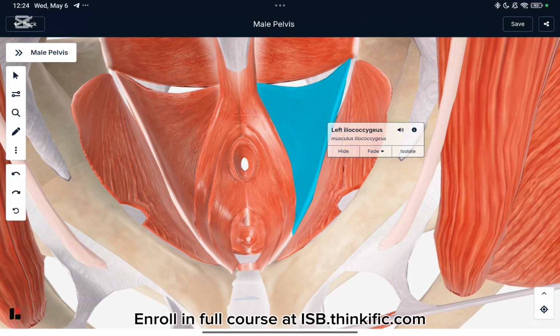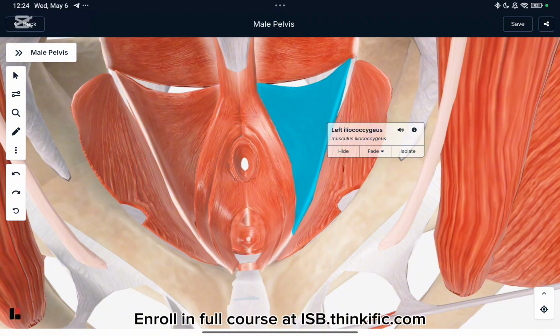Okay, so what are the actions of the levator ani? I think I've explained the majority of them. First of all, it contributes significantly to the pelvic floor, and that supports the pelvic viscera, right? It maintains the anorectal angle and thus is important for continence, especially the puborectalis. And also in females, it acts like a functional sphincter for the vagina.